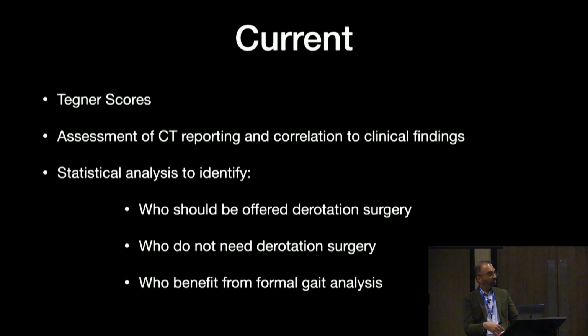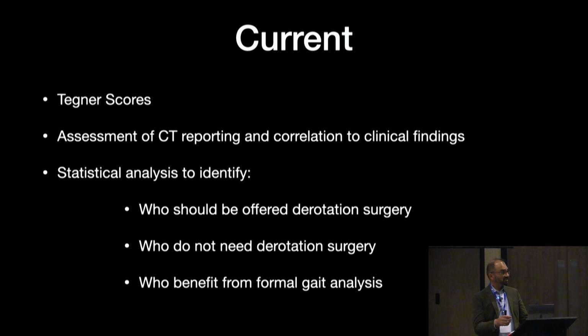And then what we need, and that's one of the reasons to present it in this forum, because you've all got good insight, is to find out what statistical analysis we can do for this big data to see whether there's an easier way to see who should be offered derotation, who don't need derotation, and who then, because formal gait analysis isn't available to everyone.